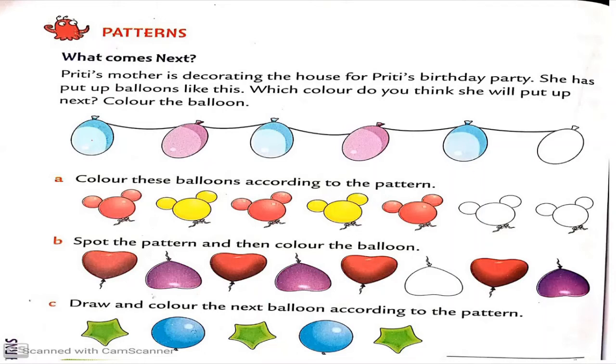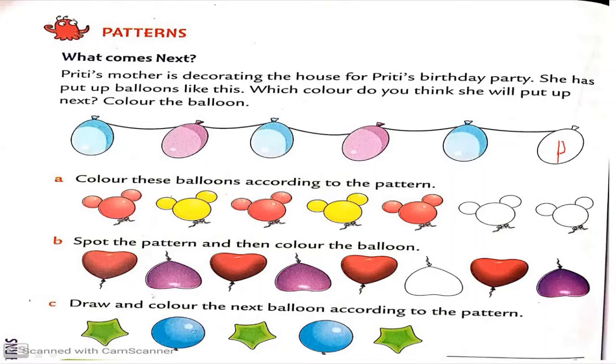Look, this is the blue colored balloon. This is pink and red. Again blue, pink and red, blue. So which color balloon should be present here? Yes, it is the pink and red color balloon. Okay. So we have to color this. Observe your textbook, you will find this in your textbook, so you can color it.